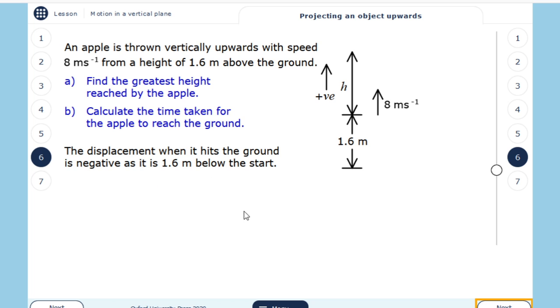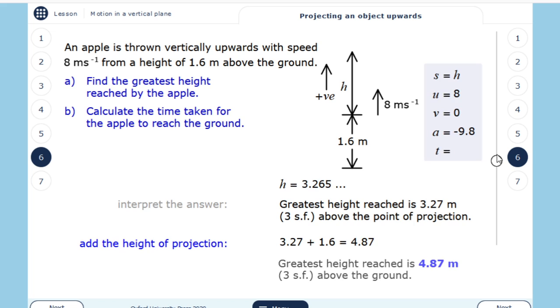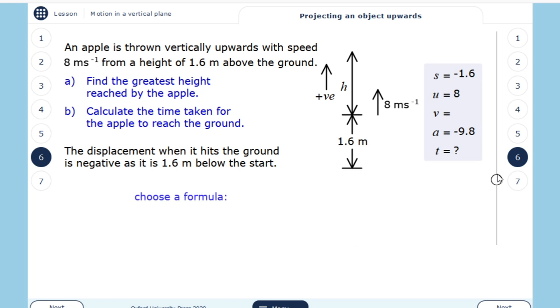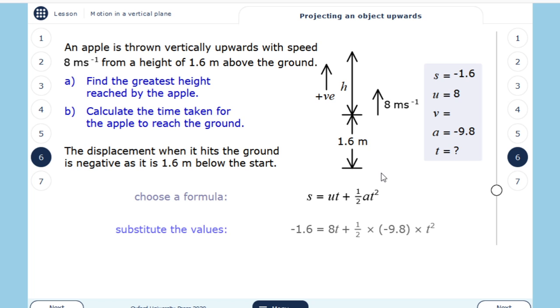Now, the displacement when it hits the ground is negative, as it is 1.6 meters below the start. If you see that here, in my case, the displacement when it hits the ground is negative, as it is 1.6 meters below the starting point where I throw it.